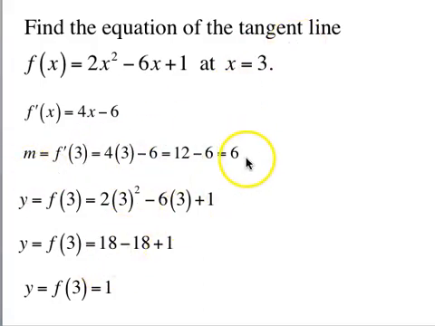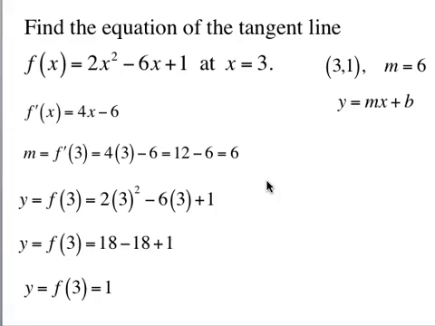And the slope of the tangent line, m, is 6. So this is the information we have. We have a point and we have a slope. Then let's use y = mx + b, plugging in 1 for y, 3 for x, and 6 for m. So 1 is 6 times 3 plus b, 1 is 18 + b.